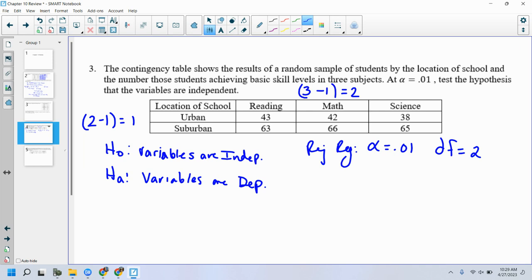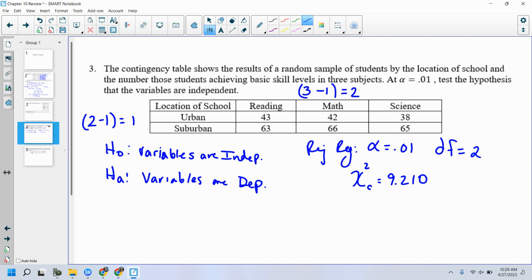Okay. 0.01 level? That's not an alpha, that's a chi. Chi-square critical value is 9.210.